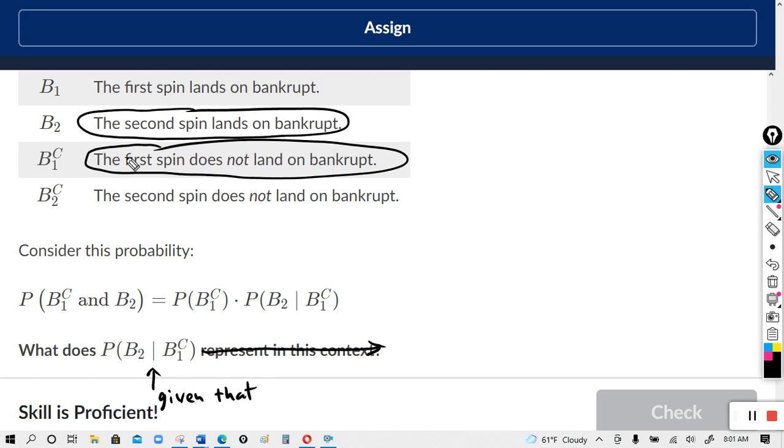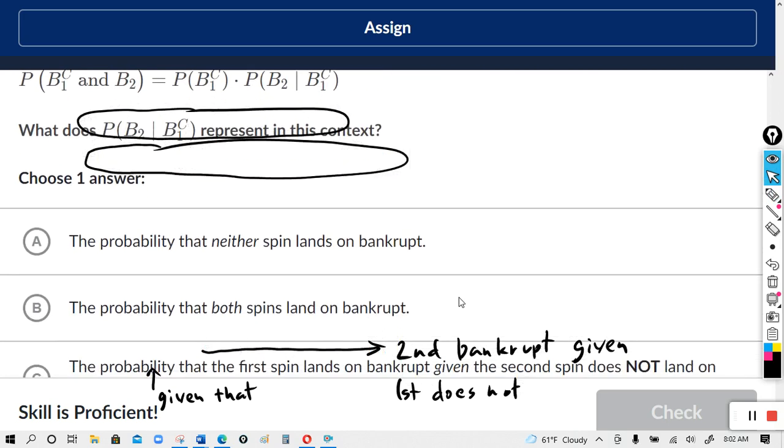B2, second spin lands on bankrupt, given that B1C, the first spin does not land on bankrupt. So look for that choice: probability that the second spin is bankrupt given that the first does not.